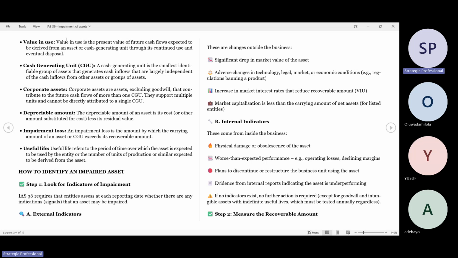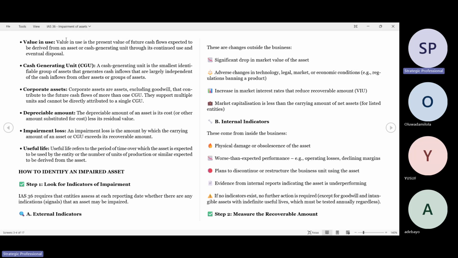Then number three, if we eventually dispose of that asset, because one thing about assets is that they usually have an estimated useful life. Every asset you acquire in a business would have an estimated useful life, except specific assets like intangible assets. But for the purpose of this discourse, every asset usually has an estimated useful life.